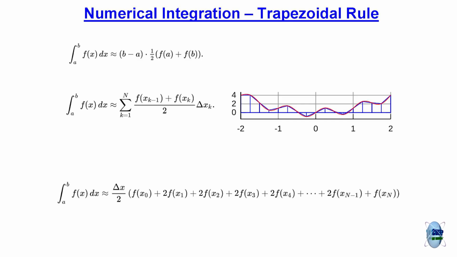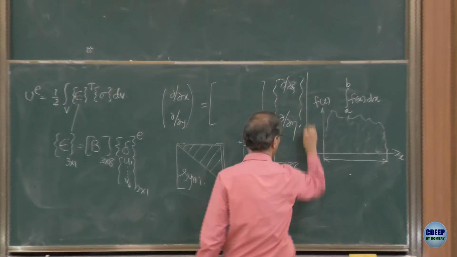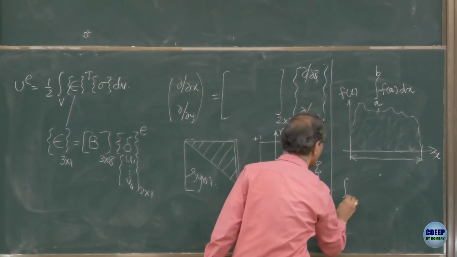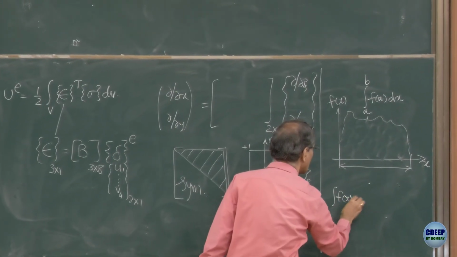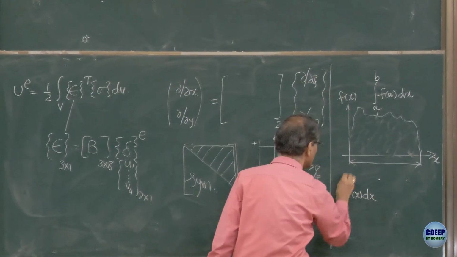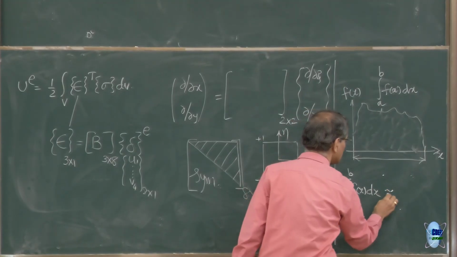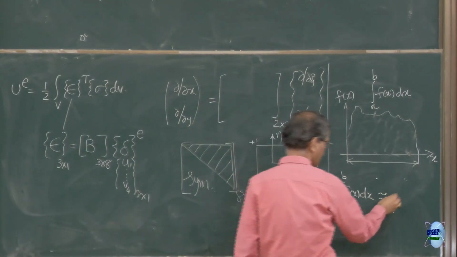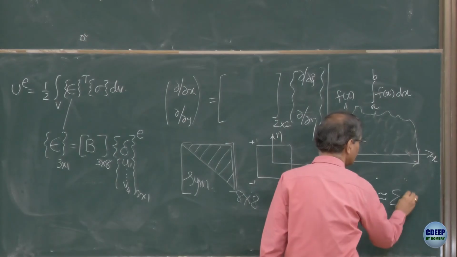Simpson's rule, if you do, will also be like this, but what I want you to observe is that integral f of x dx from a to b is approximately written as a summation of weights times function values.